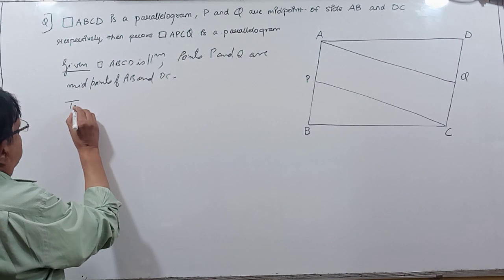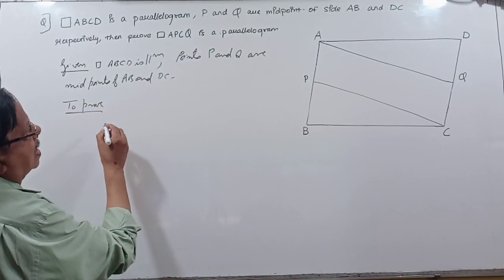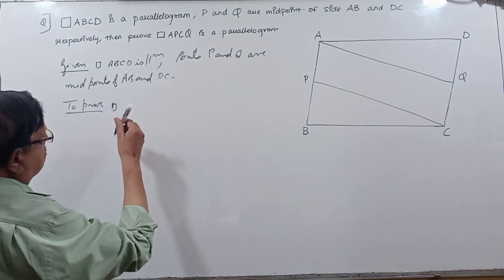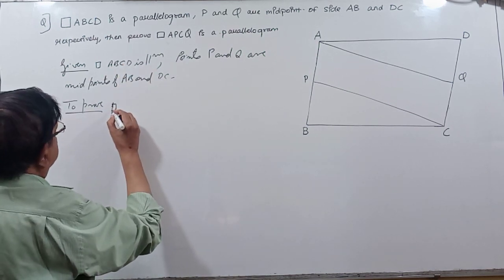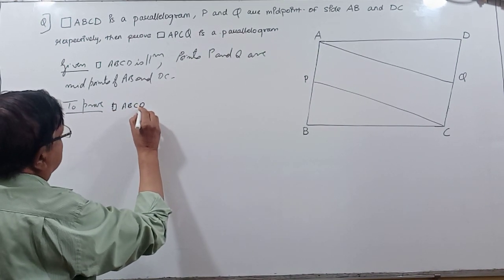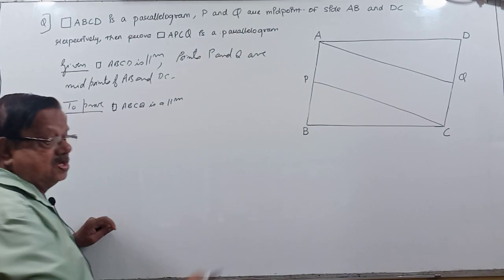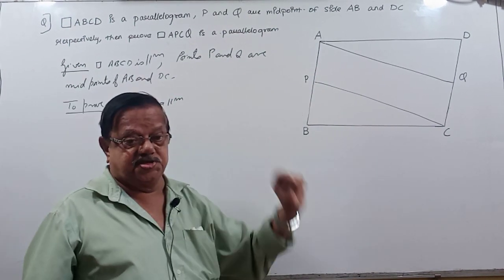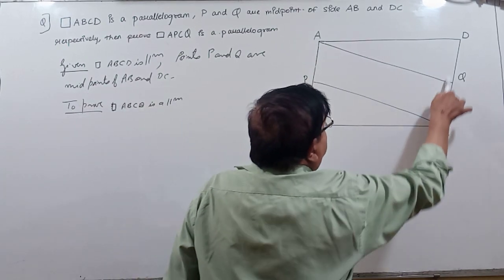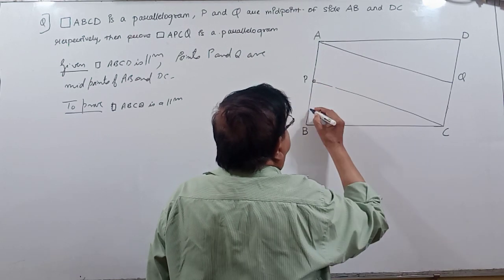To prove quadrilateral APCQ is a parallelogram. Based on the theorem just now, we have: they have given that ABCD is a parallelogram and P is the midpoint.